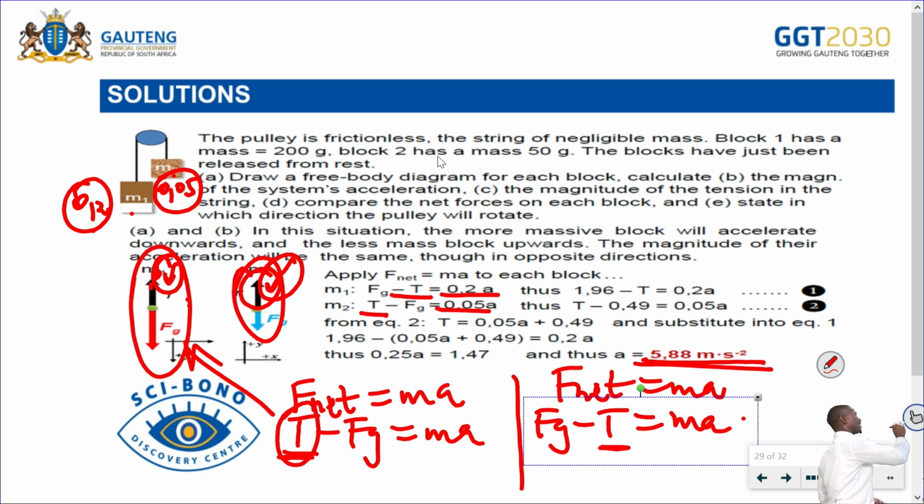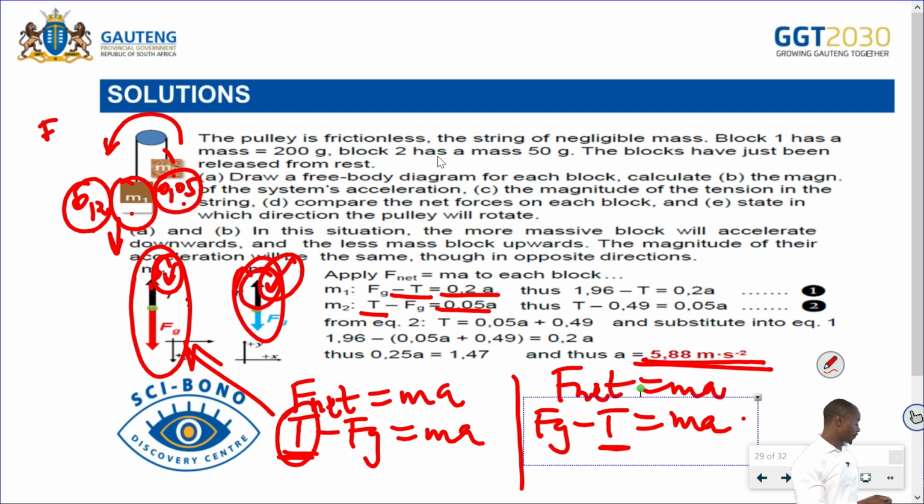So if it's like that, the net force on this side will be greater than the net force acting on 0.05, which means that the pulley will rotate in this direction. It will follow M1, since the net force in M1 is greater than the net force in M2.